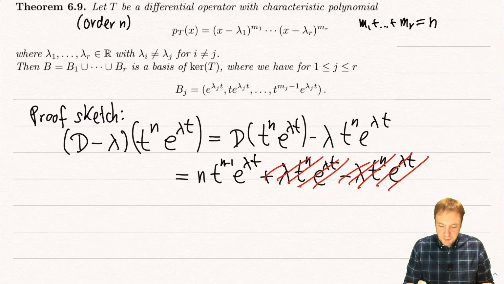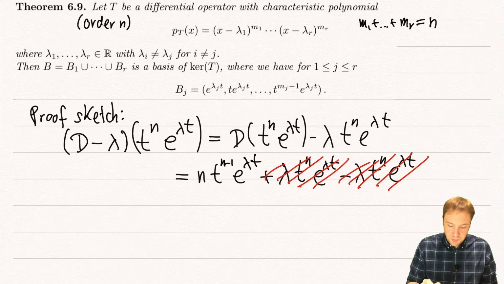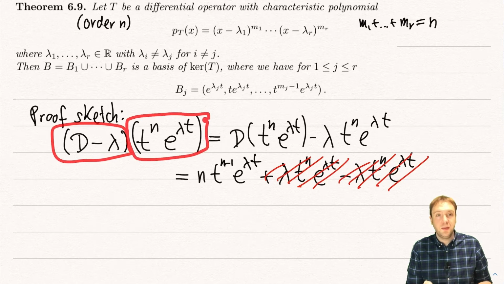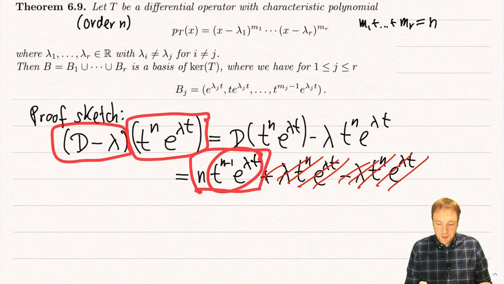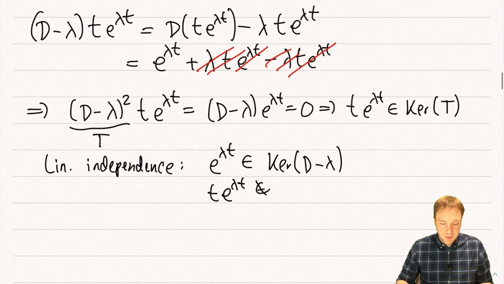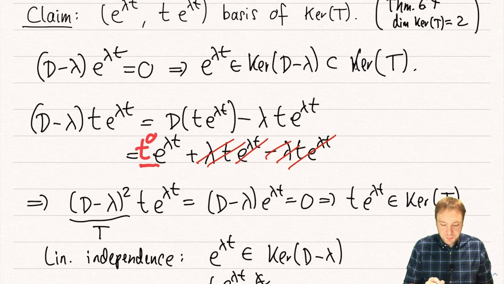So we see that we just have this term here, n times t to the n minus 1 e to the lambda t. So if we apply the operator D minus lambda to t to the n e to the lambda t, what we get is n times this term, but we decrease this exponent by 1. Similar to the example where we had t to the 1 here, and then in the end we had t to the 0.